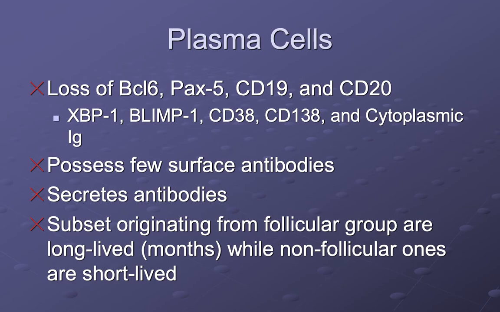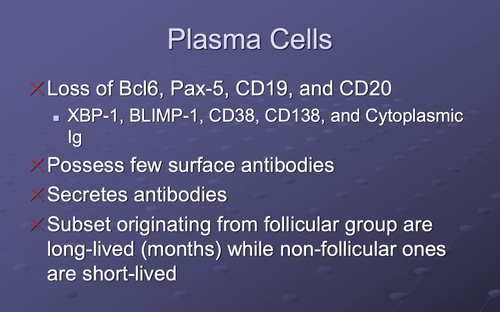However, those that arise from non-follicular cells, those that did not undergo germinal center maturation, did not really specialize further. Normally, they are short-lived, with a residence time of days to weeks.